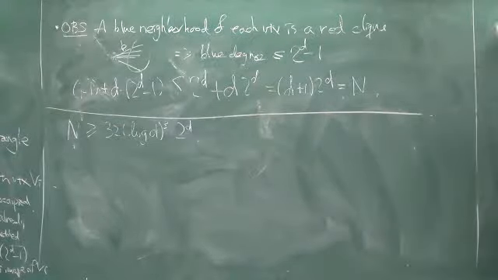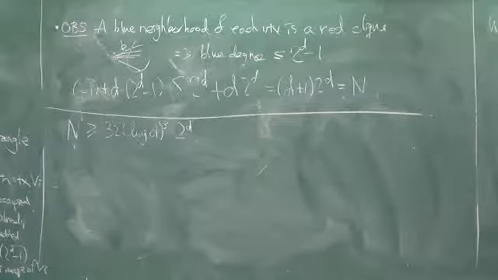So we want to prove that if n is greater than 32 times log d cubed times 2 to the d, then there's this red copy of Q_d. Step 1. Tile or partition Q_d.